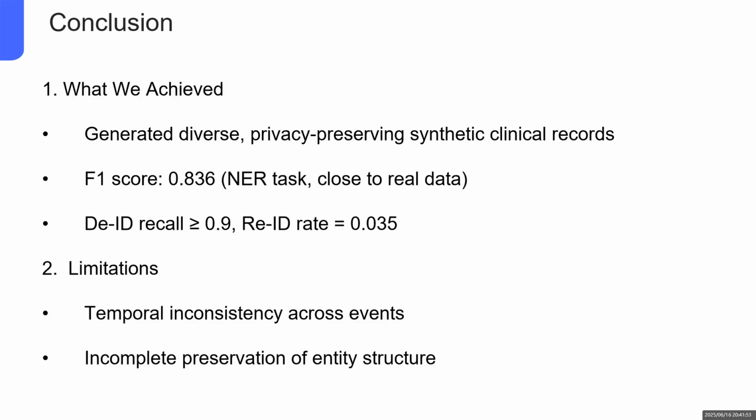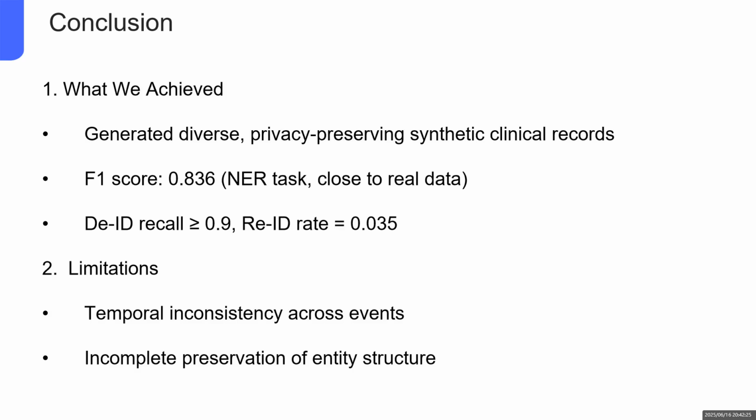We also demonstrate that synthetic text is effective in downstream tasks, achieving an F1 score of 0.836, which is very close to the performance achieved using the real data. Most importantly, we ensure strong privacy protection with a de-identification recall above 0.9 and a re-identification rate as low as 0.035.